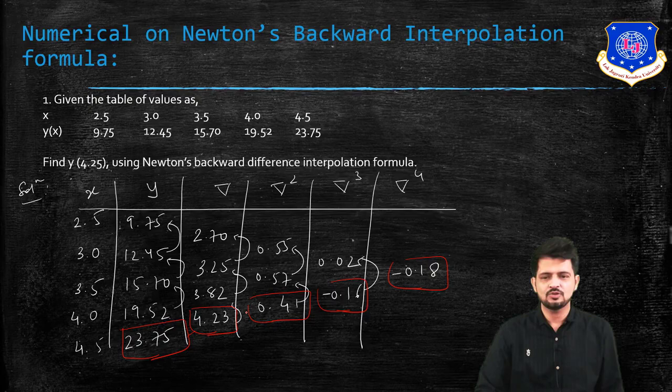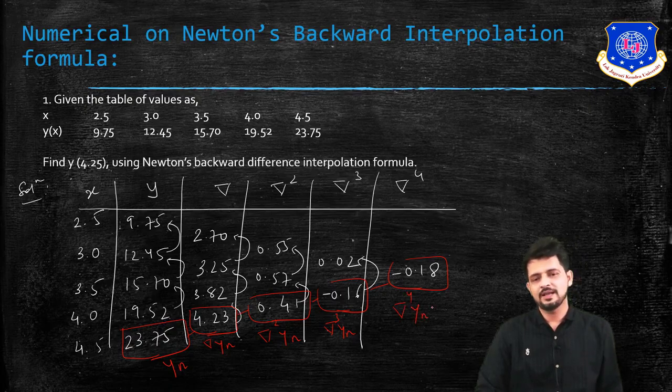So all these values we have to take. This is my yn, this is my nabla yn, nabla square yn, nabla cube yn, and this is my nabla raised to 4 yn.